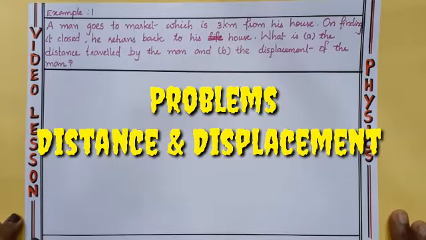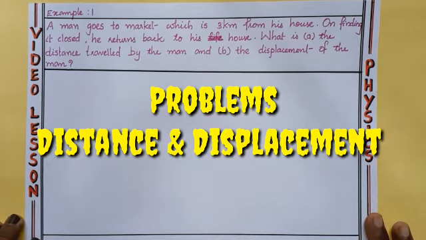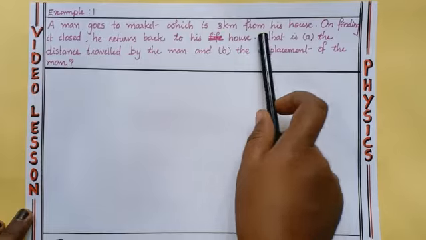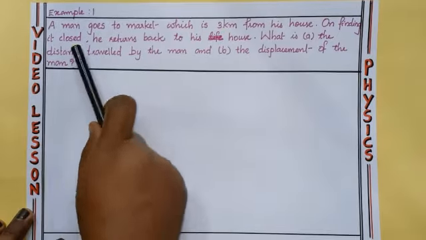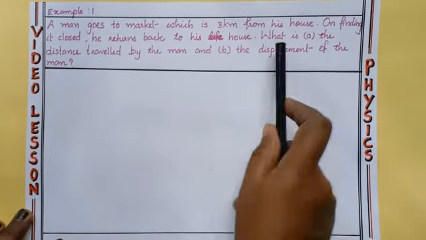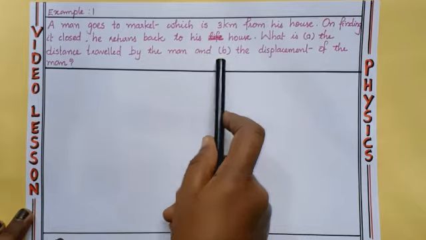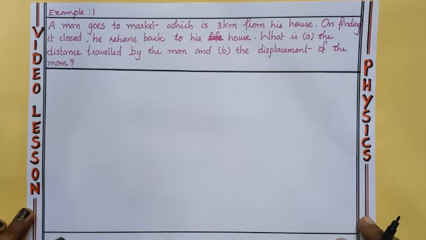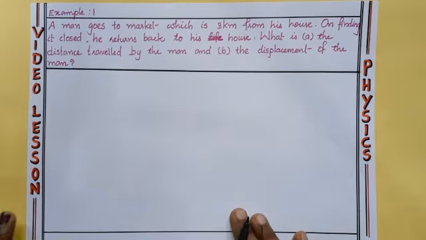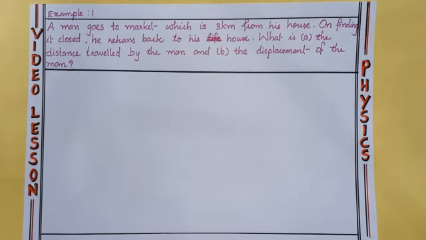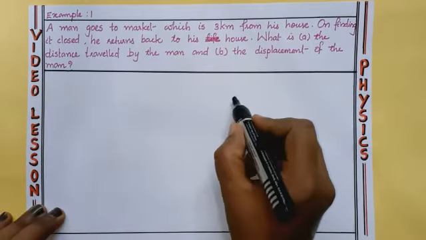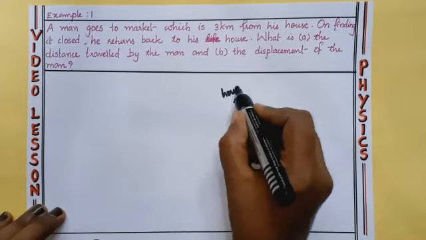Example 1. This problem is related to distance and displacement. A man goes to a market which is 3 km from his house. On finding it closed, he returns back to his house. What is the distance traveled by the man and the displacement of the man? Here there is an initial and a final position. The starting point is the house.